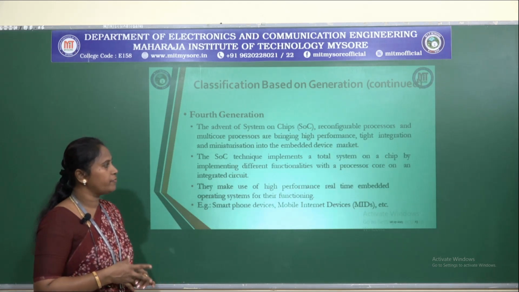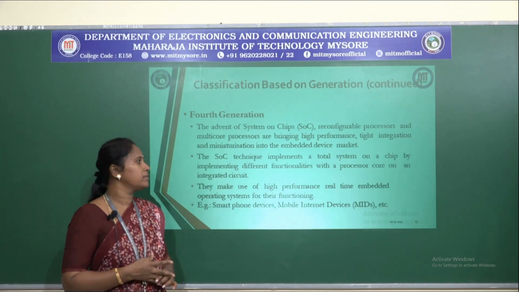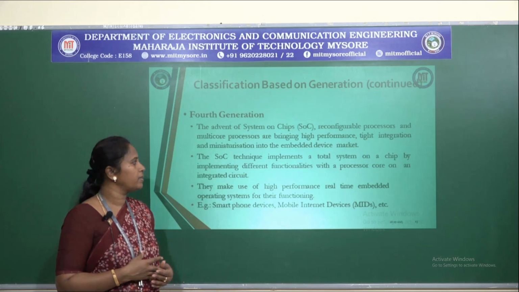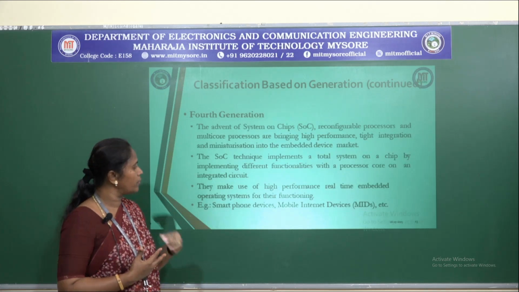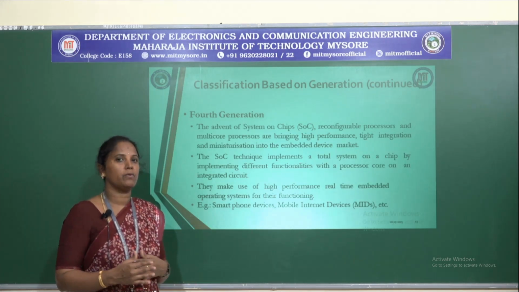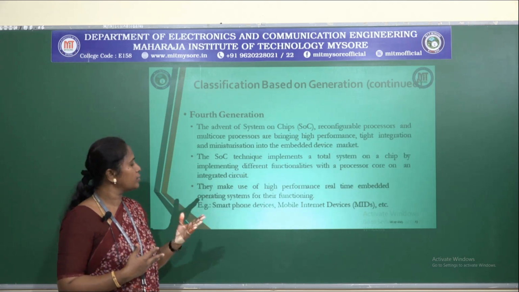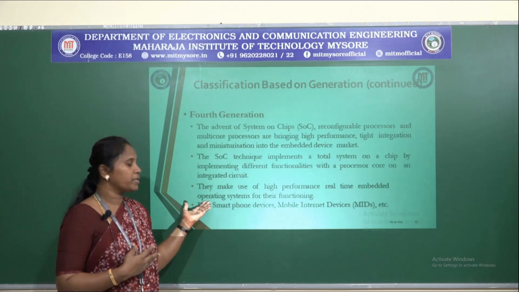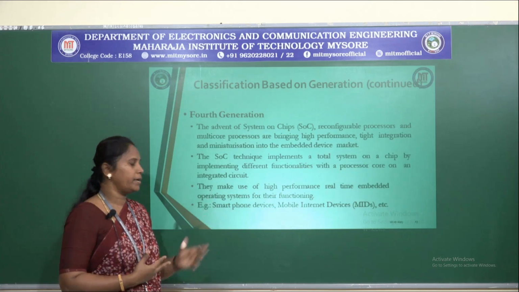The complexity of handling the instructions as well as the programming of instructions was also made simpler in the fourth generation, and the processing speed was also increased, with a real time embedded operating system.